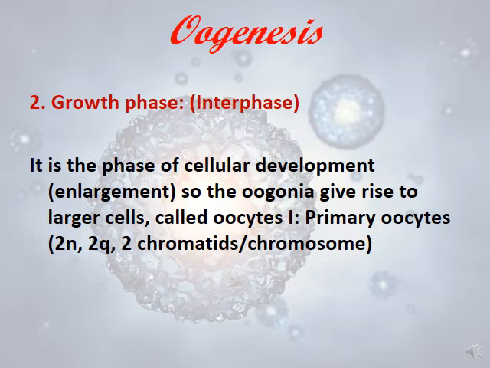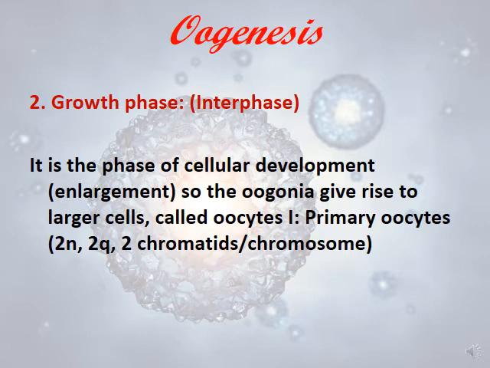Growth phase. The growth phase is called the interphase. It is the phase of development and enlargement. So the oogonia will give rise to cells that are larger in size. These cells are known as oocyte 1, or primary oocytes.